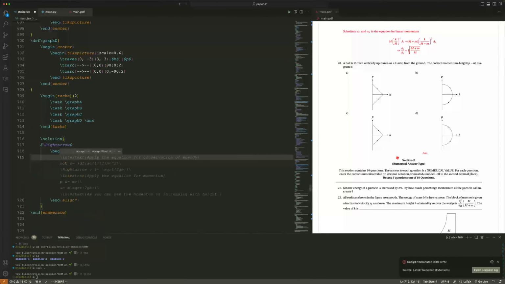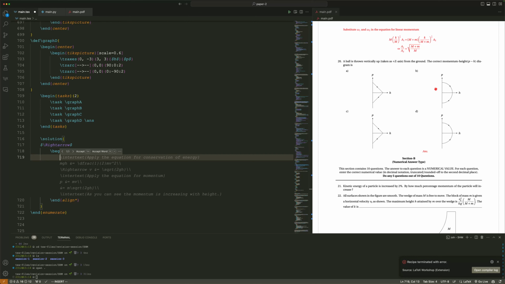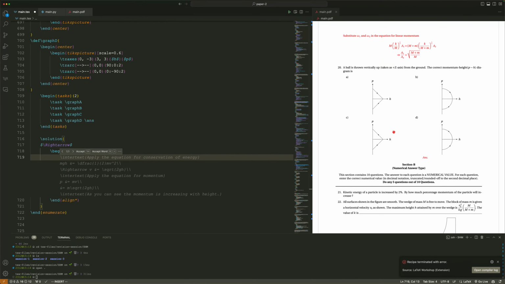We just have to think logically. As you can see, momentum versus height plots are given as options A, B, C, D, and we have to choose the correct option. The suggestion is a particle is thrown upward against gravity, and we have to find the momentum versus h.